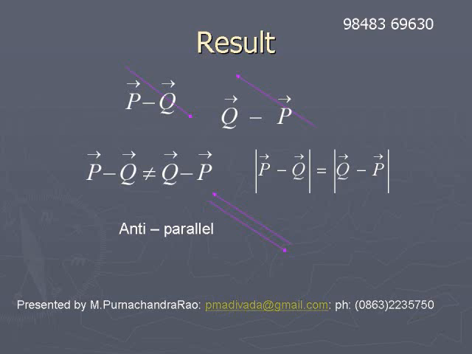If the vector is represented between two vertical lines, then it represents the magnitude of the vector. But the directions are not equal, hence they are not equal vectors, but their magnitudes are equal.